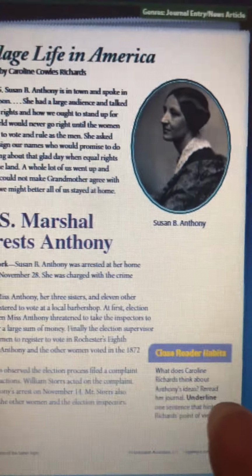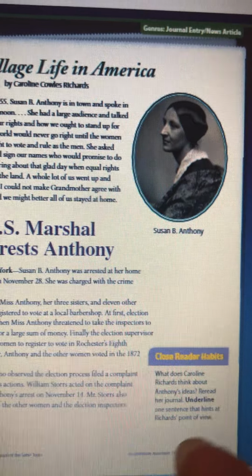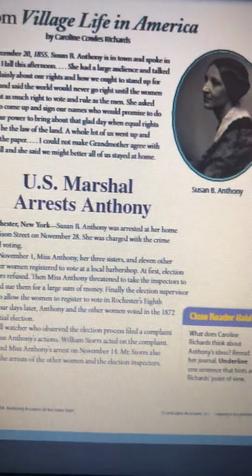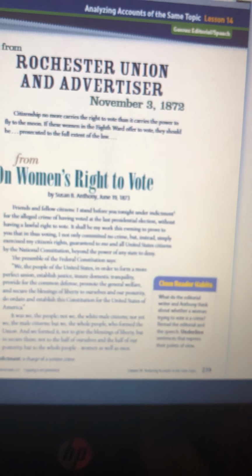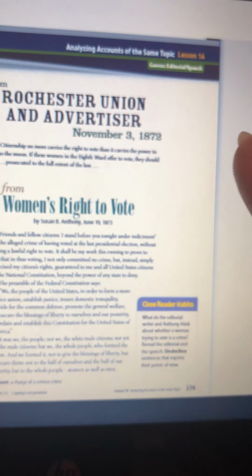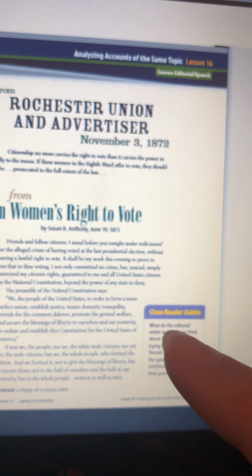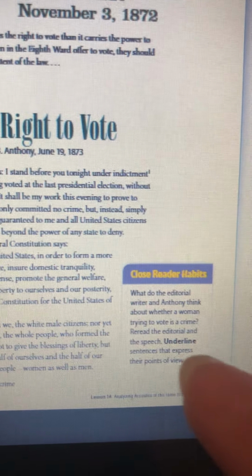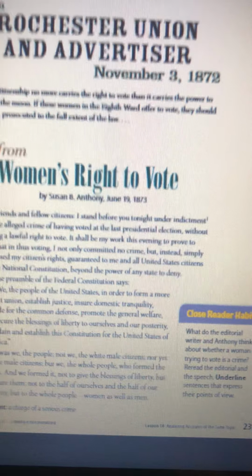Go back and do the closed reader habit, write down what you would underline on a piece of paper, continue reading about the same event, read the editorial and the speech, go back, do the closed reader habit, anything that you would underline or any notes that you want to make, write on a separate piece of paper. Then you're going to close out of this.